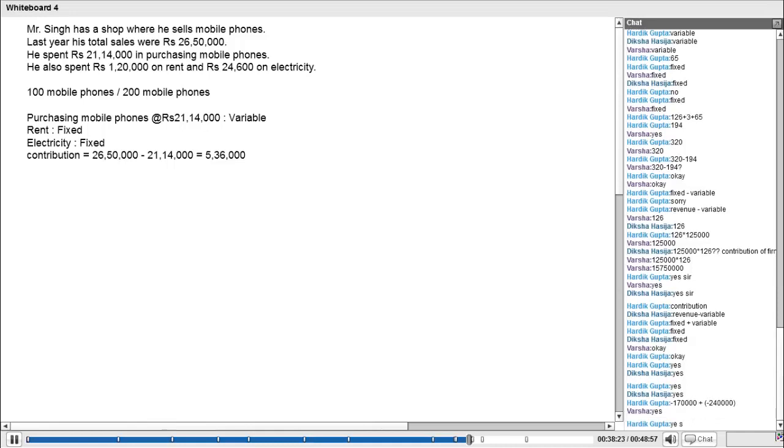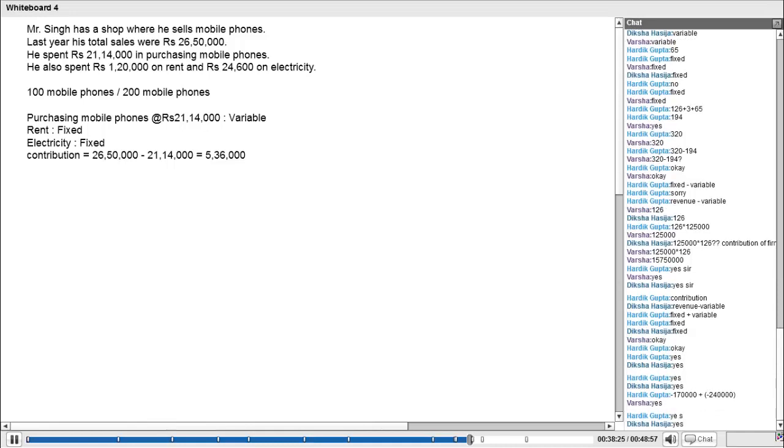Similarly, for Mr. Singh in his shop, we calculated his contribution. What would his profit be? Can all of you help me calculate it? In this case, again, we could do profit as contribution. We know 5,36,000 minus his fixed cost, which is 1,20,000 plus 24. So which would be how much?